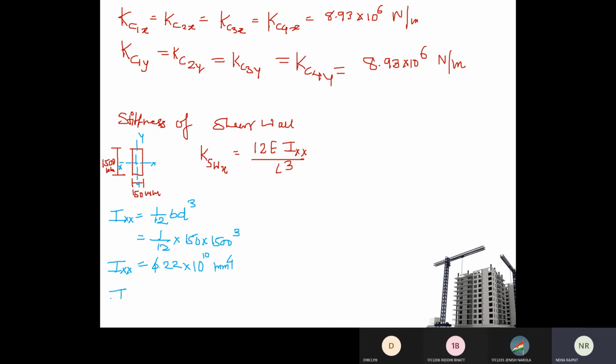Here only I will find Iyy also. That is 1 by 12 d b cube, so that equals 1 by 12 into 1500 into 150 cube. So I will get Iyy, 421.87 into 10 raised to 6.